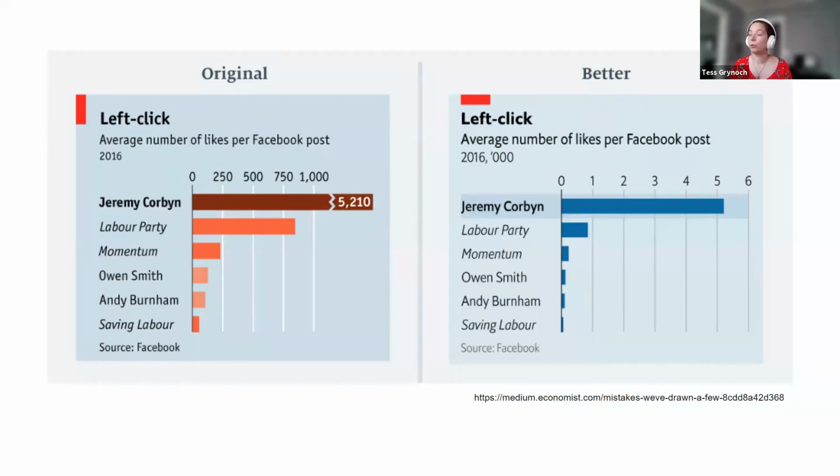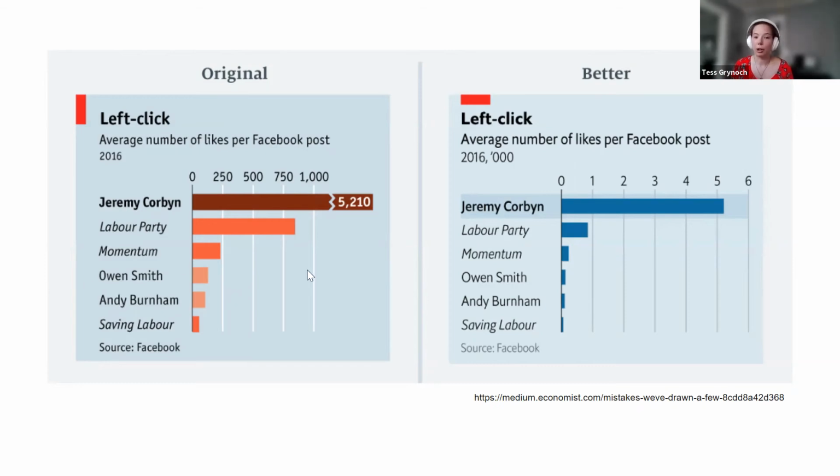These are just areas for possible discussion. Maybe if you were working with an audience more similar to economists, the thousands notation would not be a complication, but maybe it adds to the chart. That's something to talk about. Different audiences might need something different.